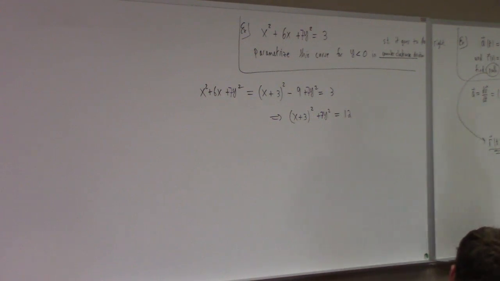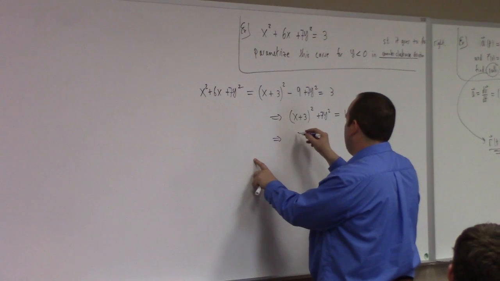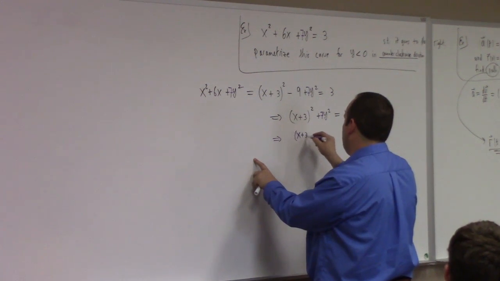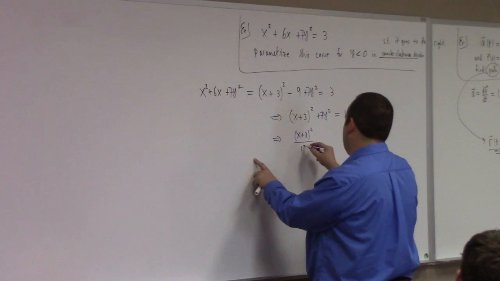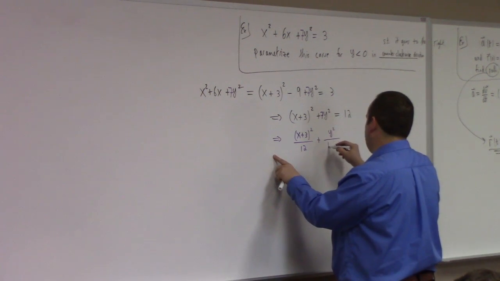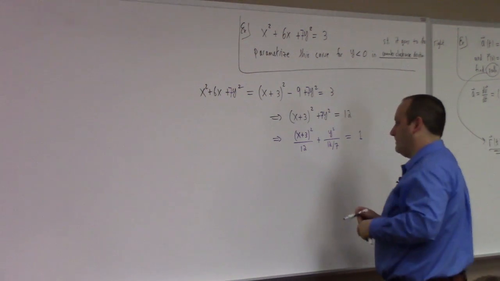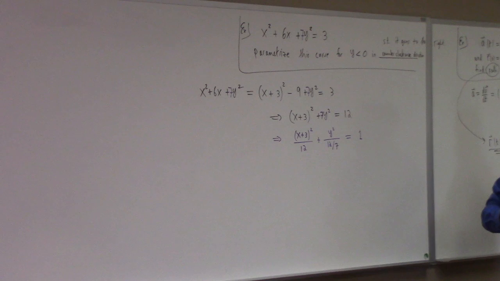So look here, then what I do with this is I look at it as, well, what I'm really looking at is x plus 3 quantity squared divided by 12, plus y squared divided by 12 sevenths equals 1. And so my thinking is what?